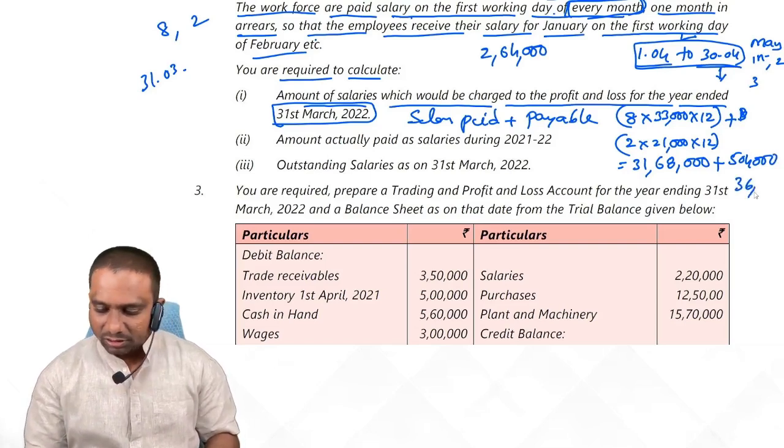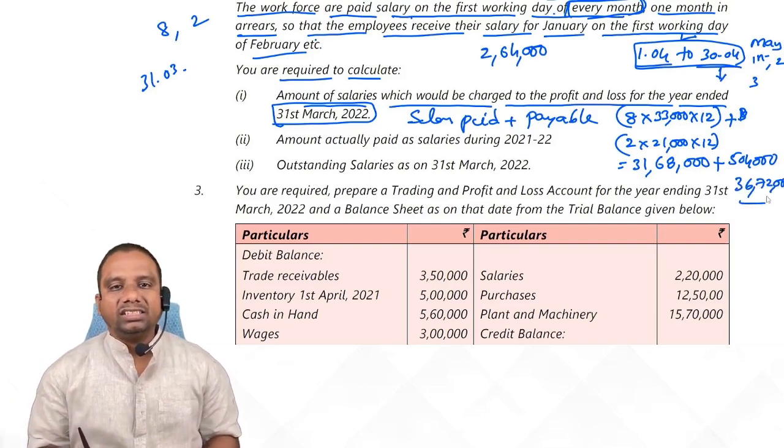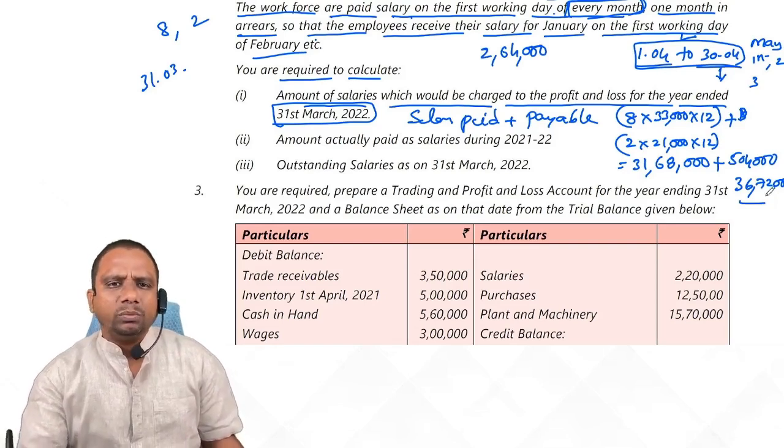Total 36 lakhs 72 thousand. This is the total salaries payable for the year 22, to be shown in the P&L account.